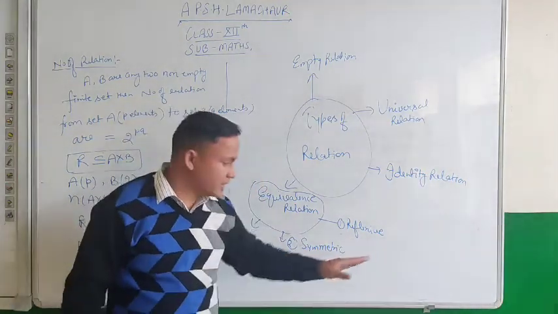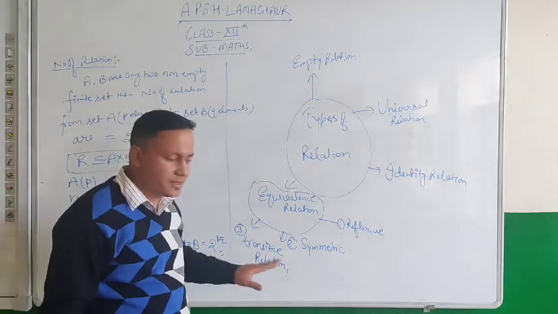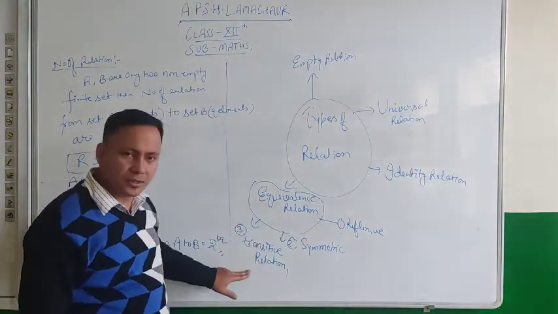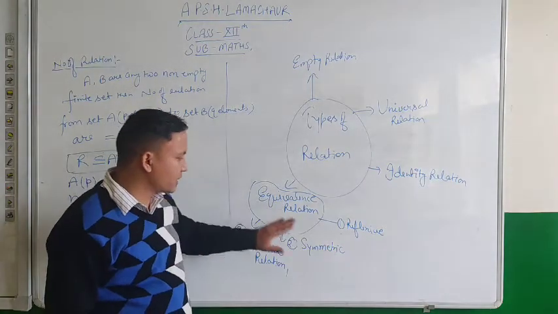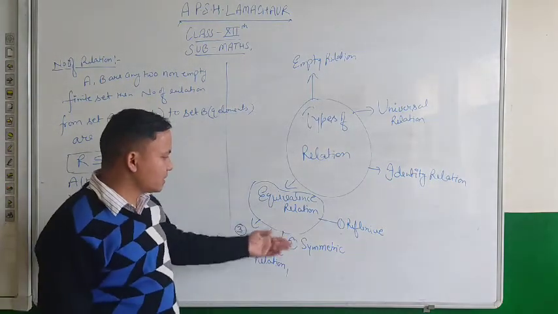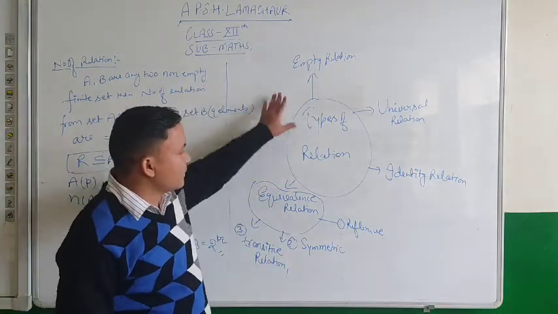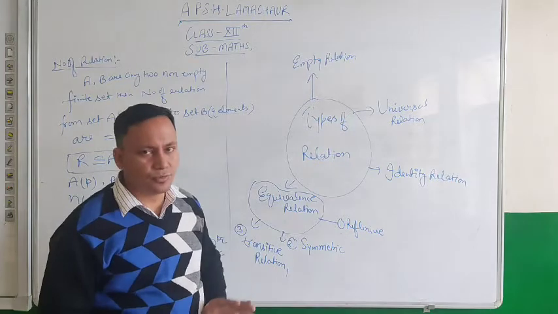If any relation contain all these 3 properties, that is, it is reflexive, it should be symmetric, and it should be transitive. So in that particular case, we can say the relation is equivalence relation. Okay, you are getting my point, I hope. Now, one by one, I will discuss all these 4 relations.